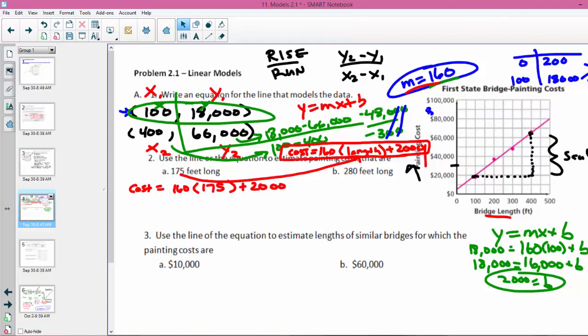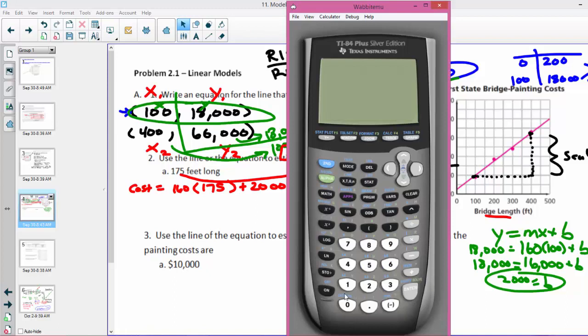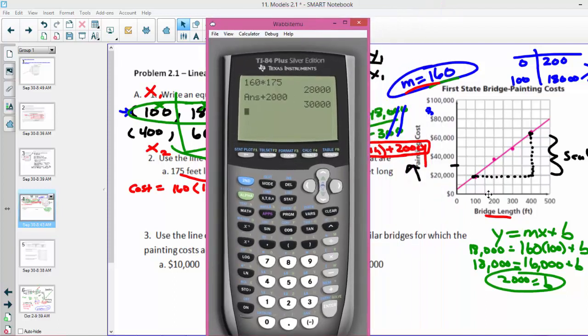So I'm going to need the calculator. 160 times 175 plus 2,000 will give you 30,000. Now I'm going to look just to make sure that makes sense. So 175 is right about here. And if you trace it up and see where it hits the best fit line, it does hit at 30,000. So I am feeling very excited that my answer is correct.